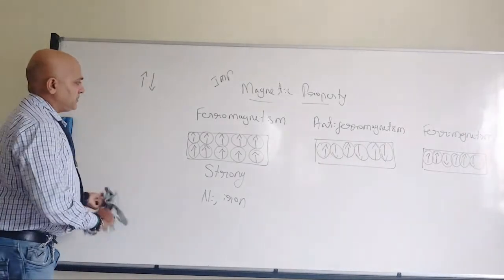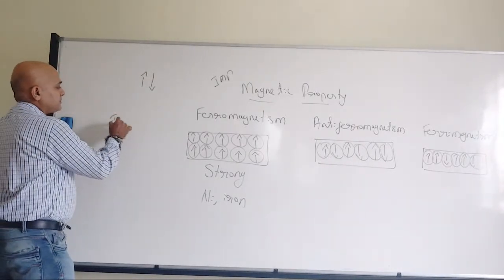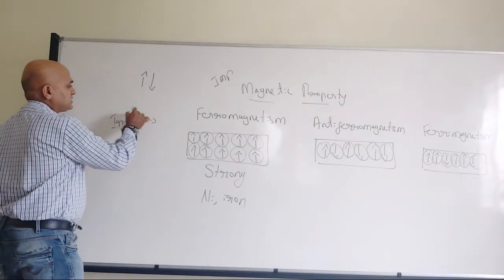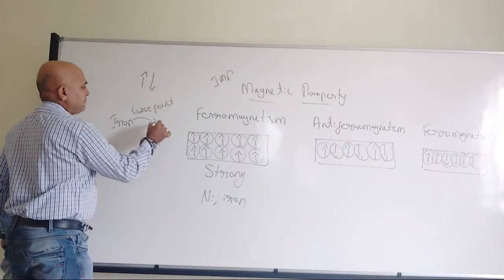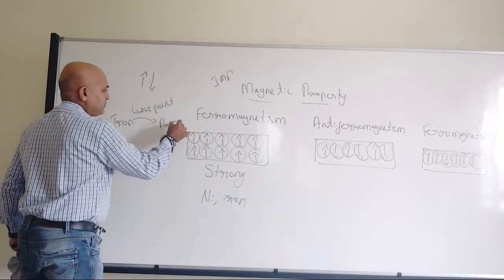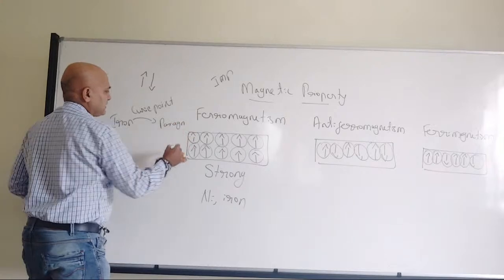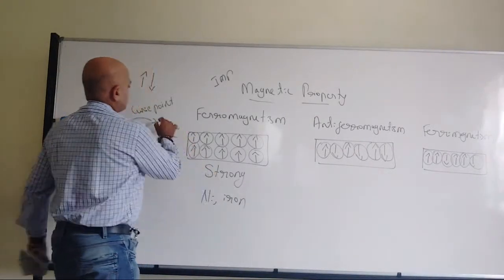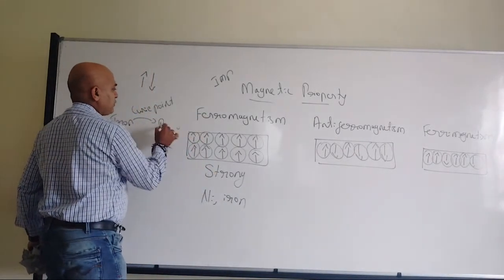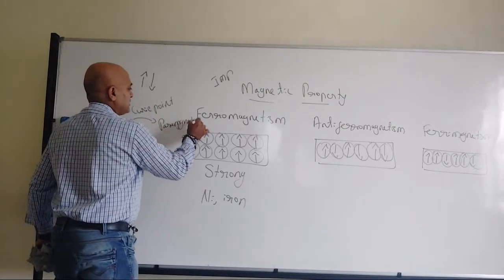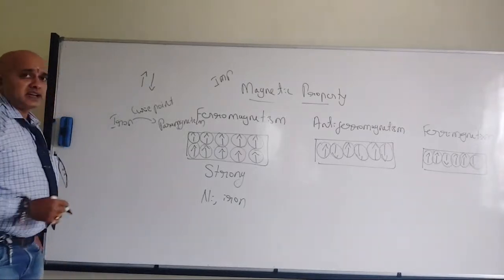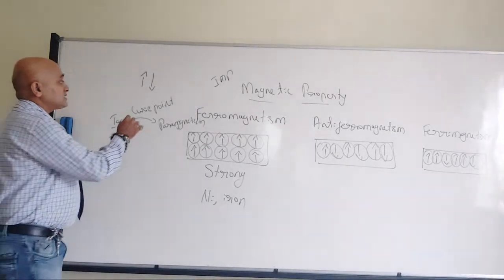That is a temperature at which it will be converted into a paramagnetic element. The element is actually ferromagnetic, but at that particular temperature, it will show paramagnetism. That temperature is called the Curie point.